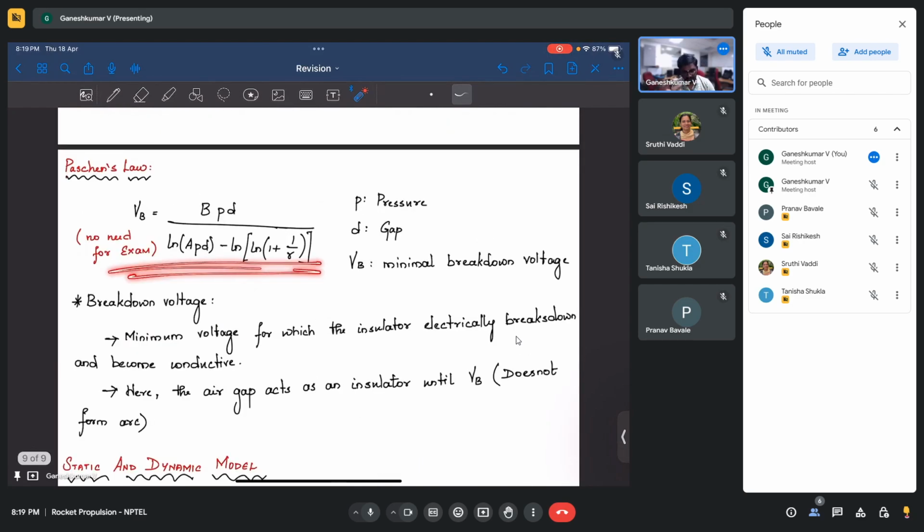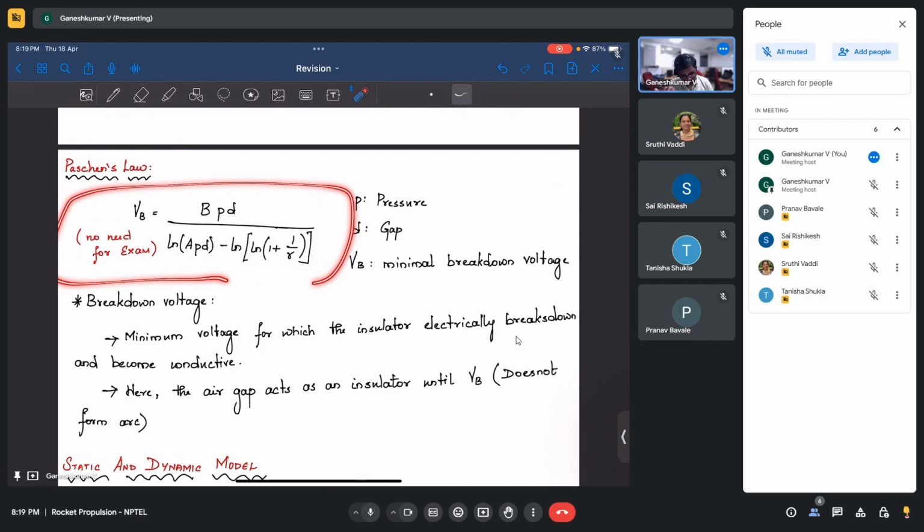This is something for your information; I just took it from Wikipedia. It tells that the breakdown voltage is a function of pressure and the gap distance. I think they did experiments and tried to fit this equation to it, so it is not coming from first principles.